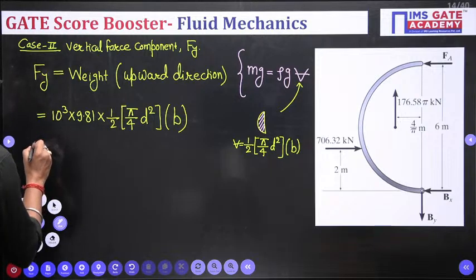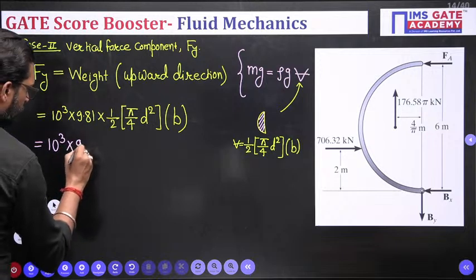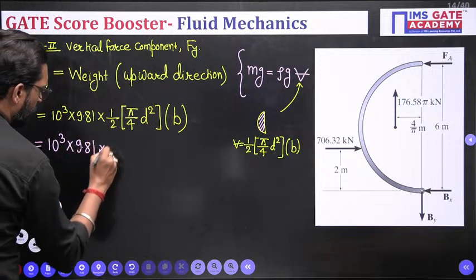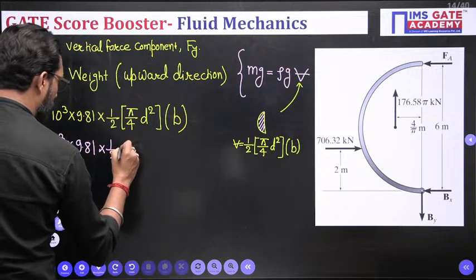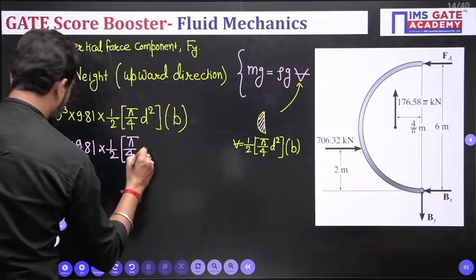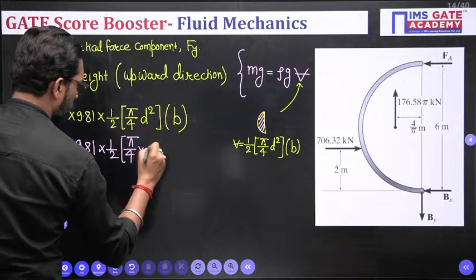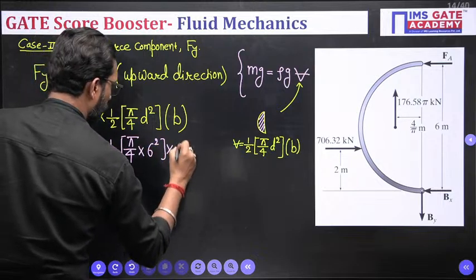If you put in the values, 10 to the power 3 cross 9.81 into half into pi by 4 diameter 6 square into 4. So how much is it?